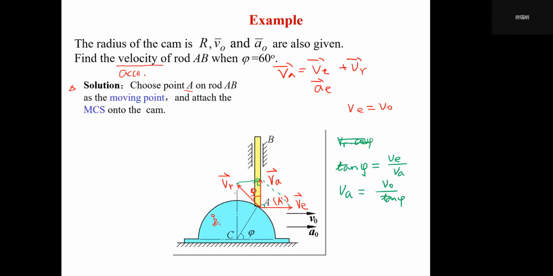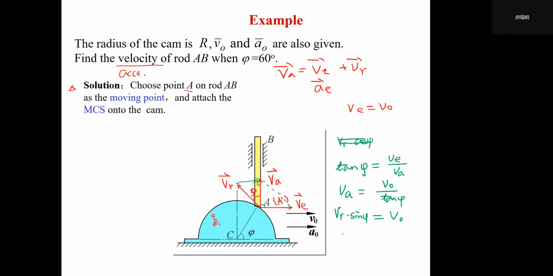And we also can find VR. From the same right triangle, VR times sine phi equal VE, that is V0, right?